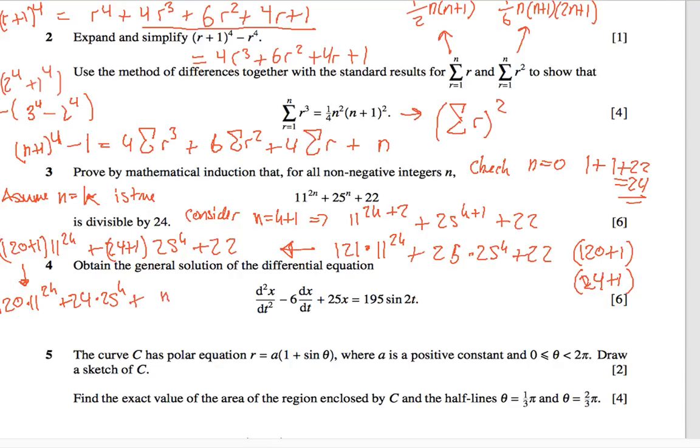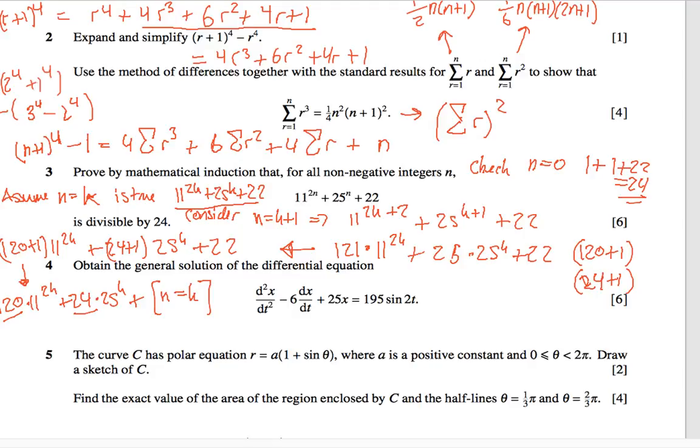It doesn't really mean anything in maths, so don't write this in an exam, but the bit that we have left over, just kind of running out of space, is the bit that we would have had when n equals k. So the bit we have left over is what I'm writing down now. That's the bit we have left over. And this bit is evidently divisible by 24, because 120 is, and 24, they're both divisible by 24.